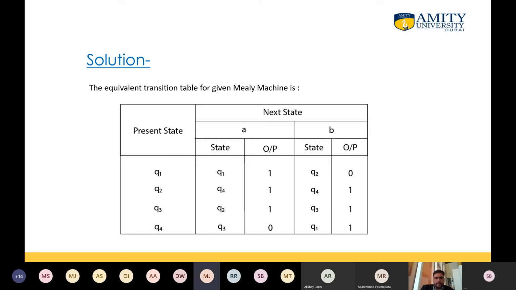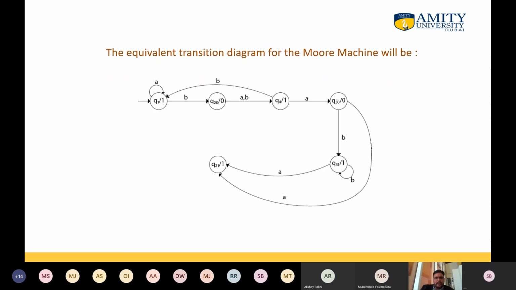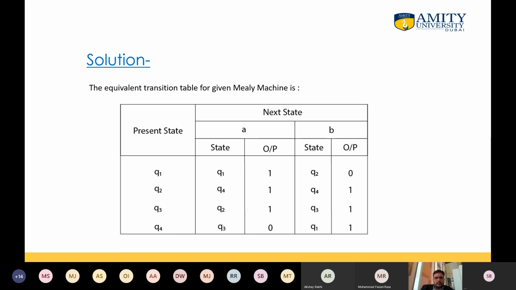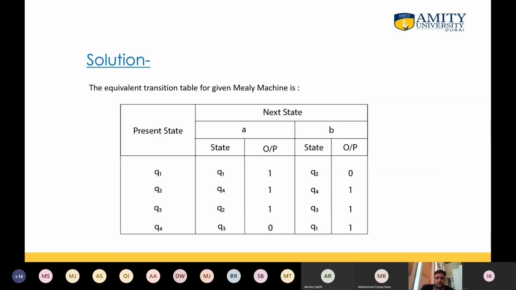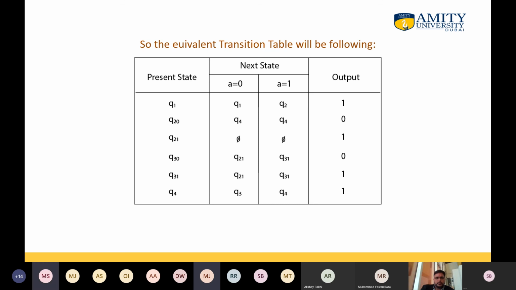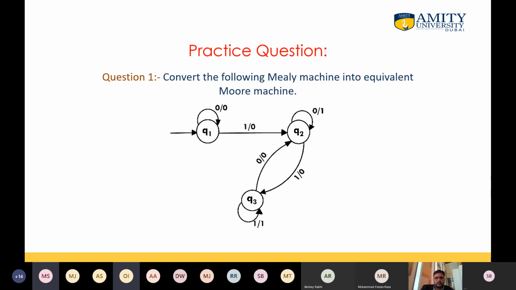We should be here, no? Equivalent Mealy machine, and then have we missed something here? Yes, Q30. What was the next state with input A? What was it with input B? Q2 1.